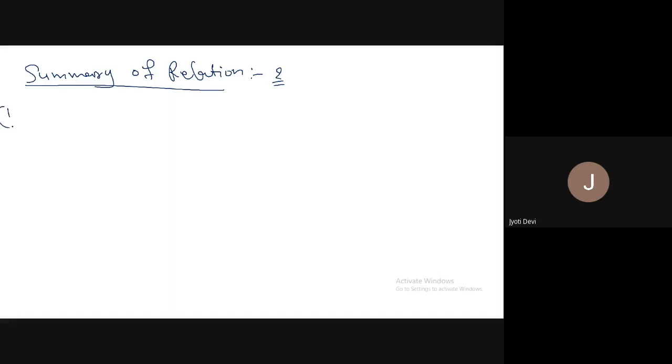First, what is the reflexive relation? It is the conclusion. Reflexive relation means all the diagonal elements are allowed, meaning diagonal elements must be present.